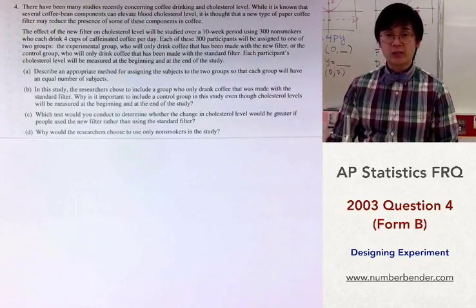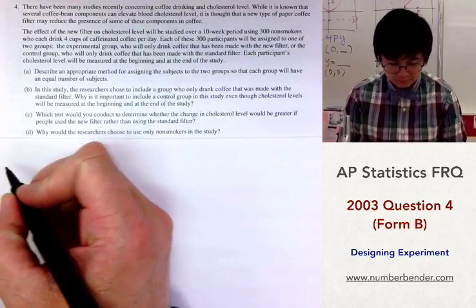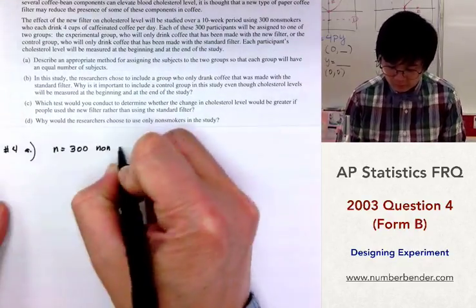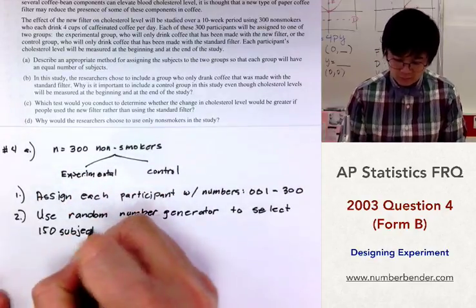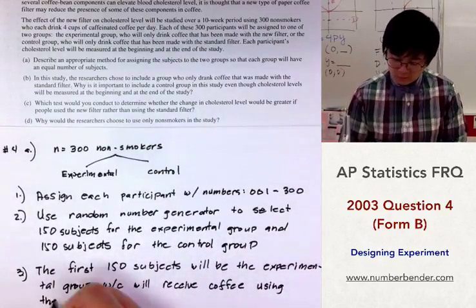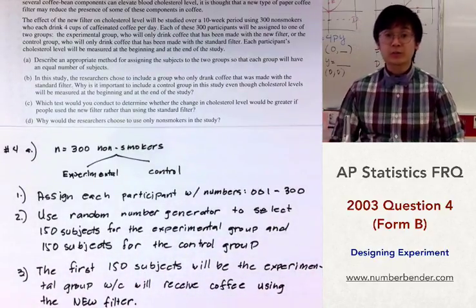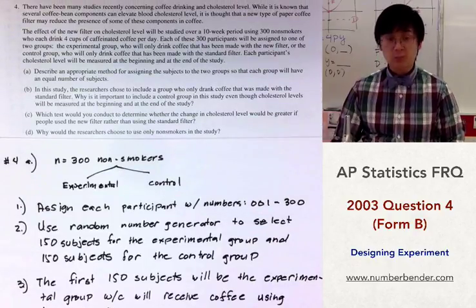Then we're going to use a random number generator and take the first half of the 150 for our experimental group or control group, and the second half will be the other group of participants. And this is how we're going to design our sampling design for problem letter A.